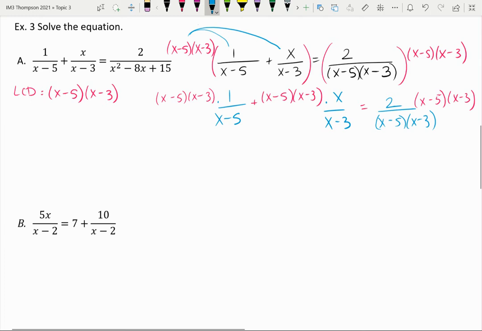Not too complicated. Are we okay at this point? I haven't really done anything except for just multiply by the LCD and rewrite some stuff.